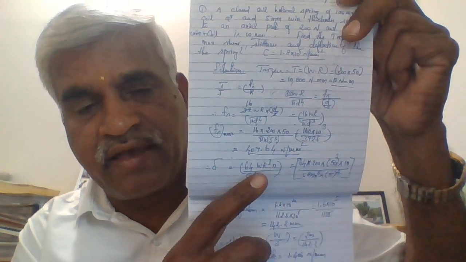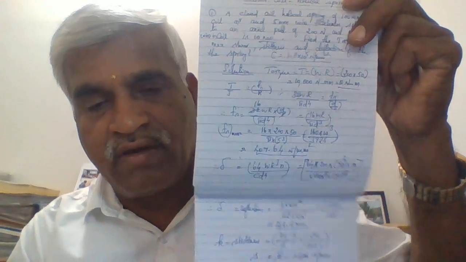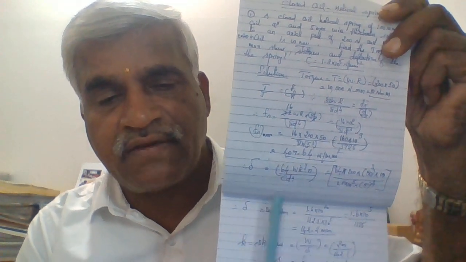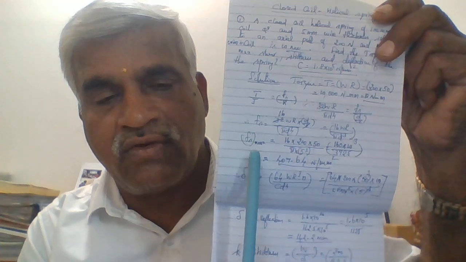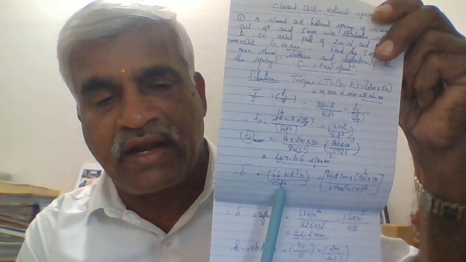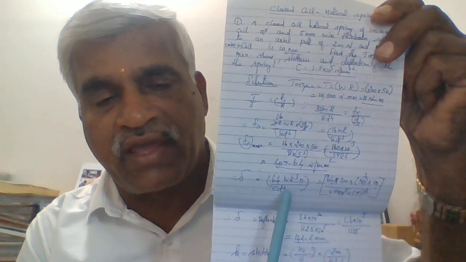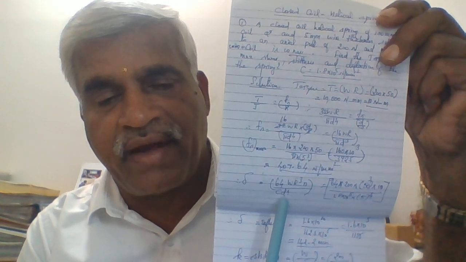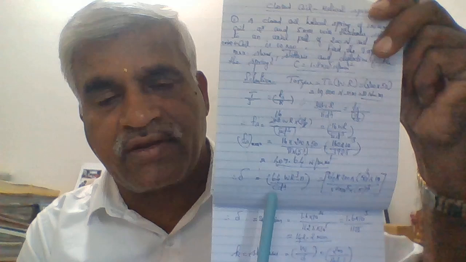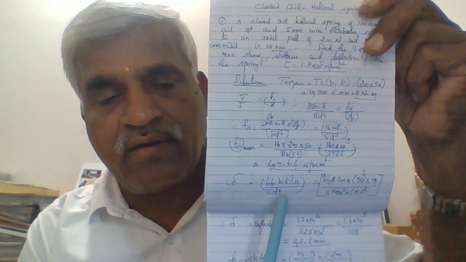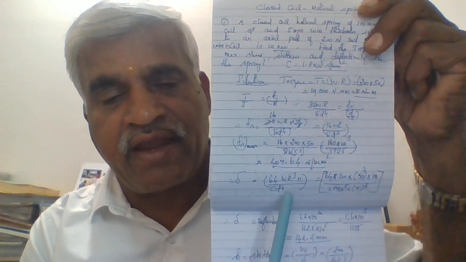So this is the equation, 64 into W is 200 into R cube. So here it is 50 cube into 10 divided by C is 1.8 into 10 power 4 into d cubed, that is again 5 cubes.